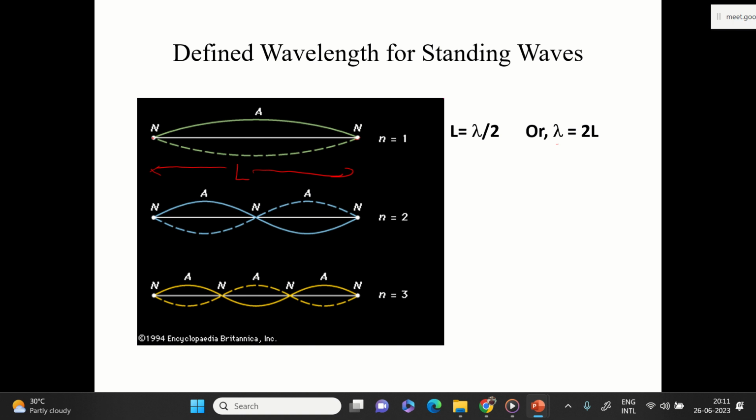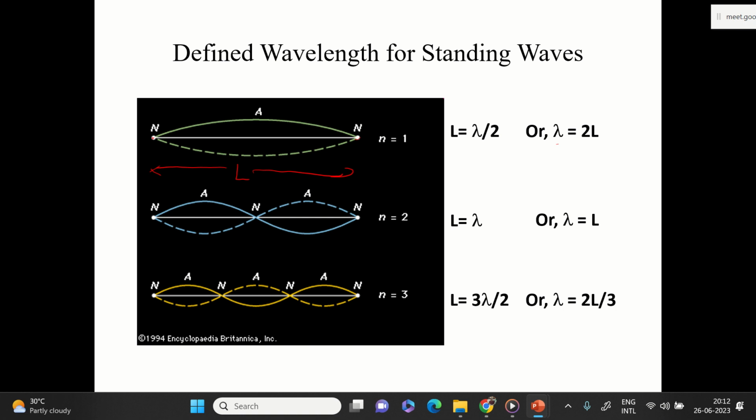In the second case, what you see, there are two loops, and here L is equal to lambda. And in the third case, if you pluck it with a much stronger force, gradually it generates 3 loops, and then lambda is 2L by 3.